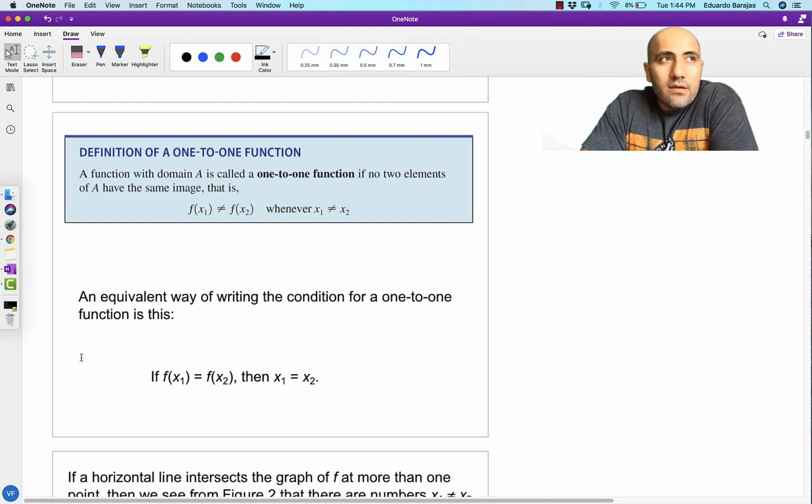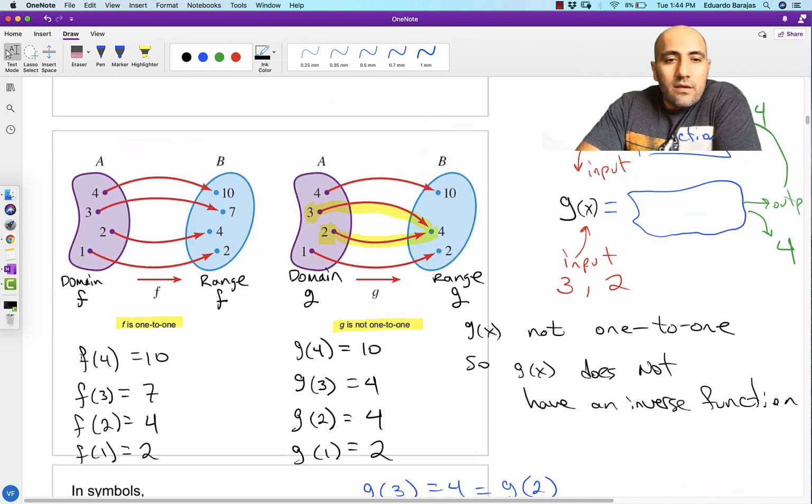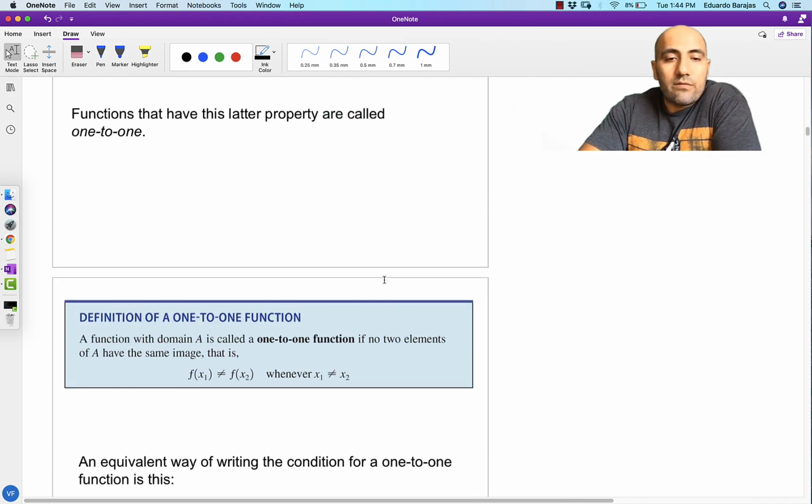So if you're focusing on the domain, and you notice that there are apparently two different inputs leading to the same output, if you can conclude that these two things are actually the same number, then you have yourself a one-to-one function. That's what this is saying.